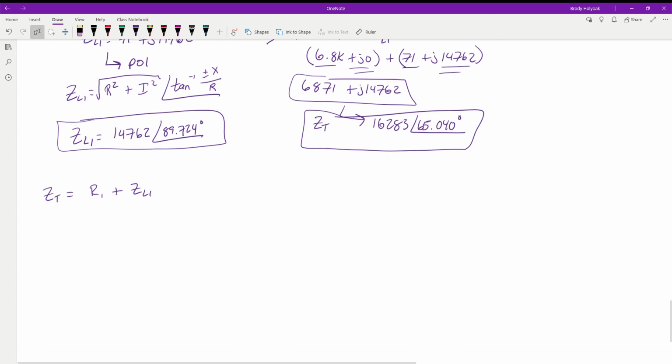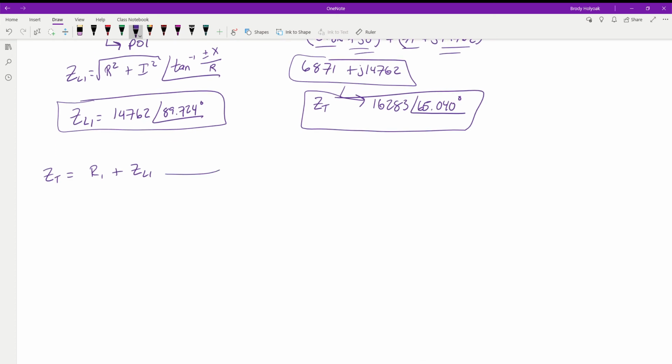Now, to continue solving the rest of the circuit, the I total is going to be equal to the voltage total divided by the impedance total, just like we did before. So we have 19 volts at 0 degrees divided by our Z total, which is 16,283 at 65.04.